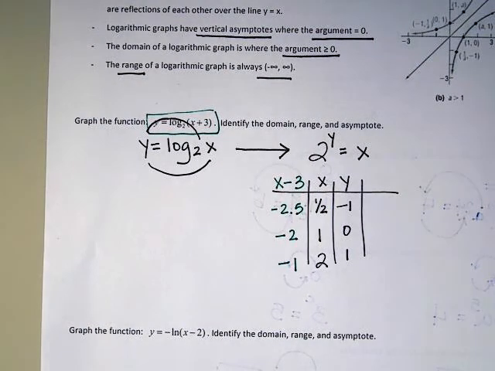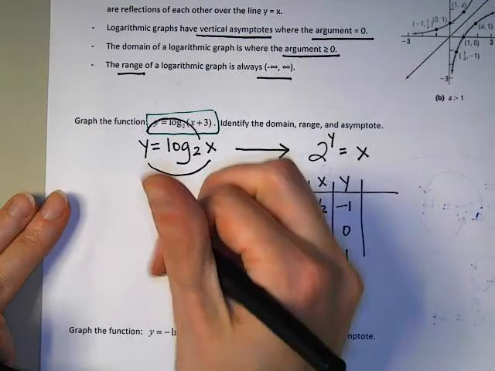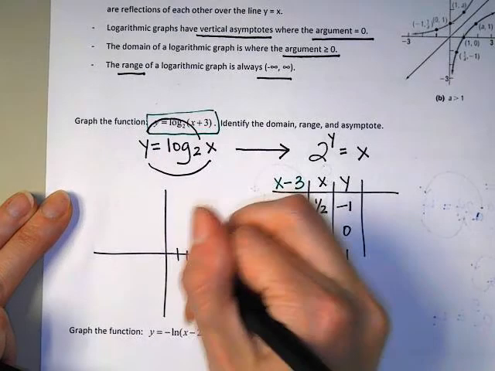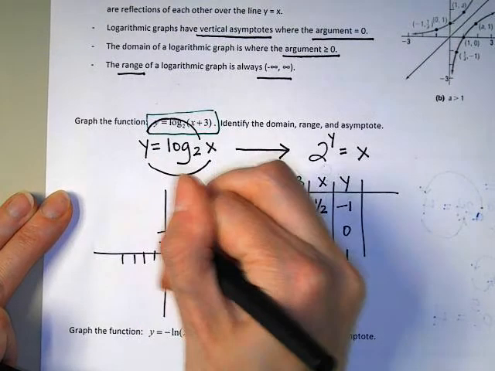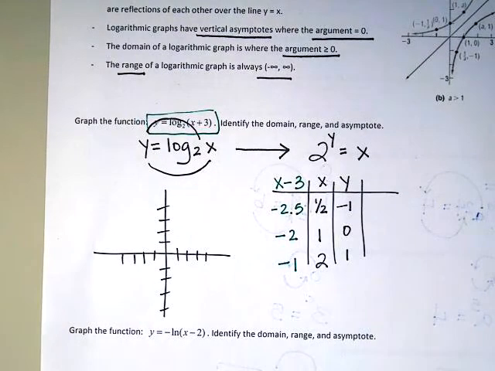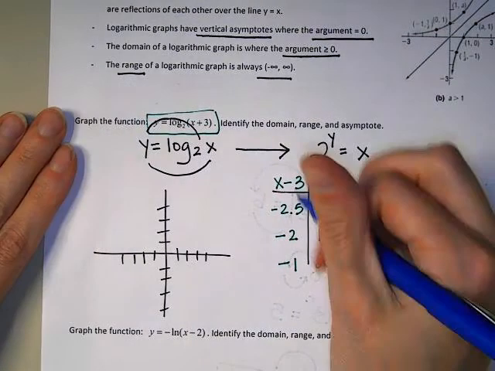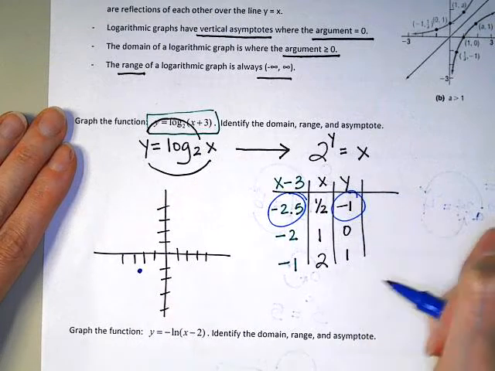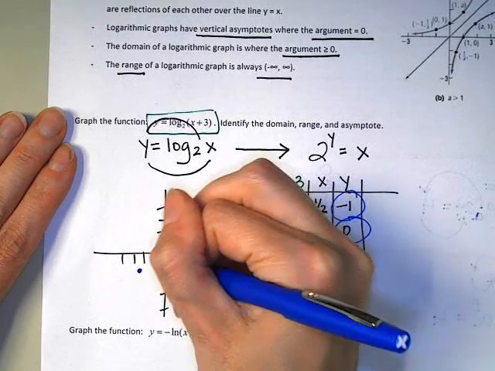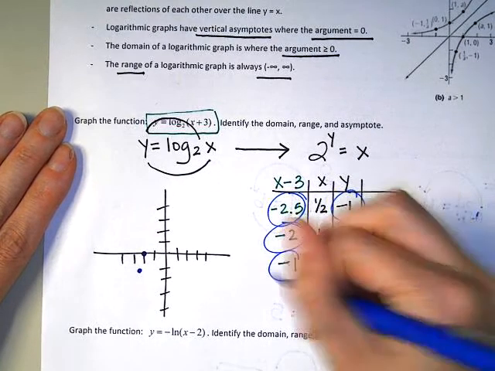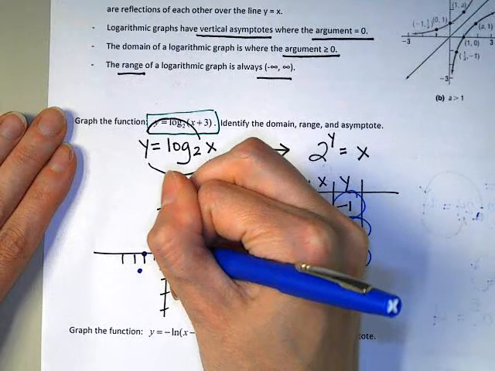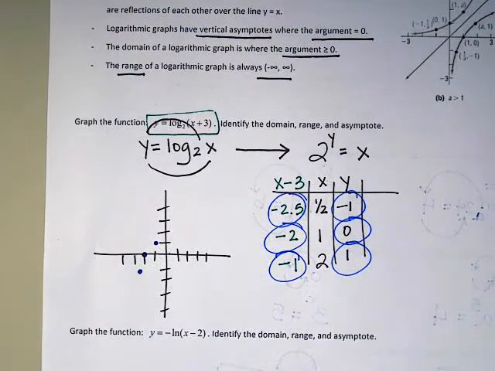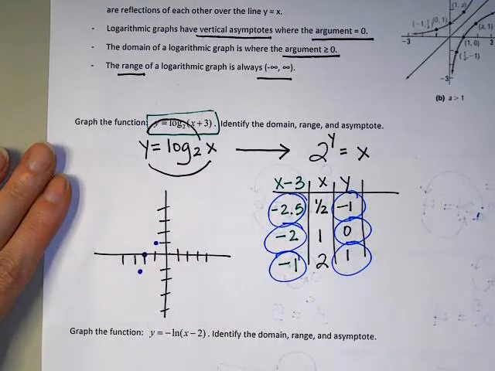Okay, so let's graph that. Oh, I should have given you guys a graph. Okay, so we have -2.5, -1, -2, comma 0, -1, comma 1. Now, some of you might be like, well, I don't know how to connect the dots.